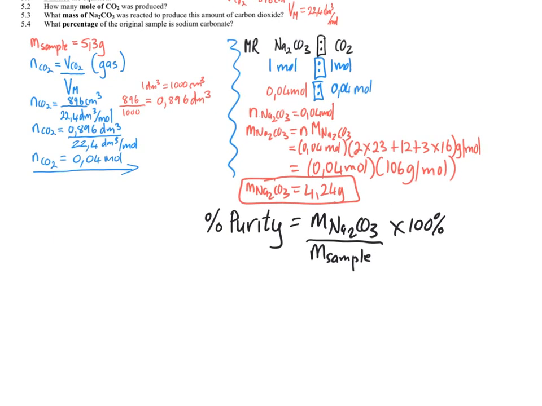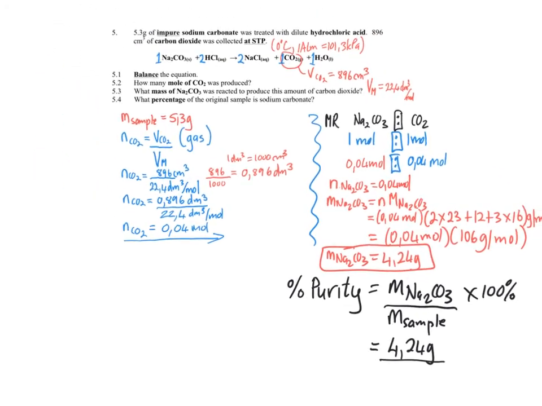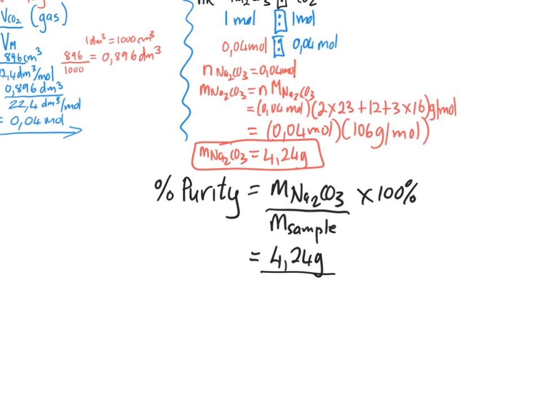So moving that up, we can see that that would be 4.24 grams over the mass of the sample, which we know is 5.3 grams, times 100%. So that works out to 4.24 divided by 5.3 times by 100, and that gives us 80% purity.